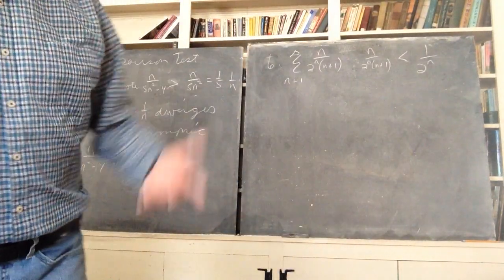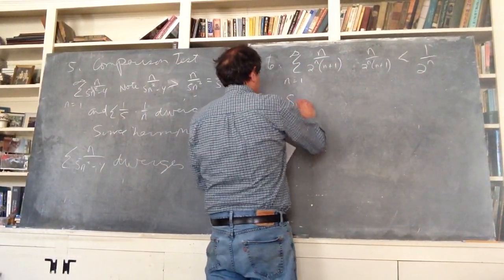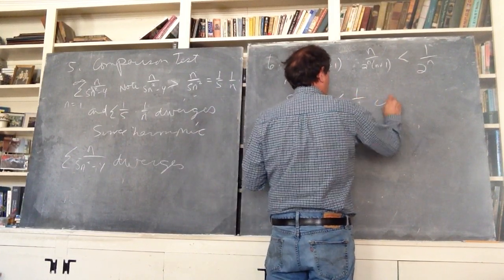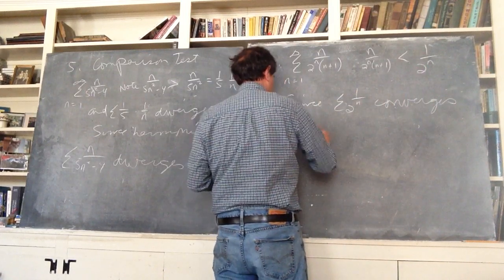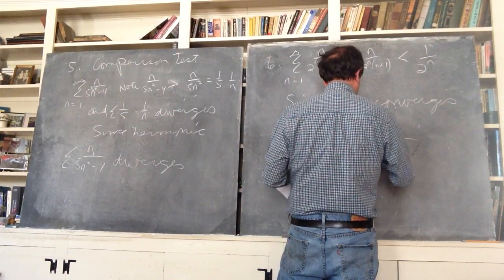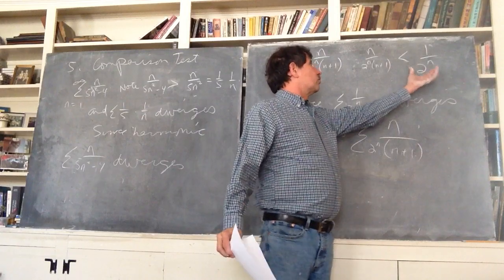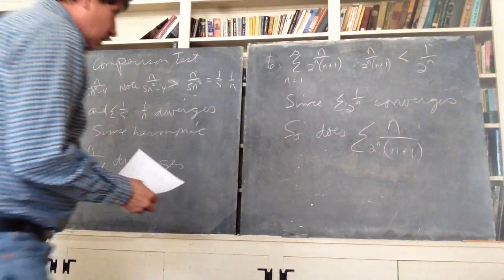Once we have that, we know, since 1 over 2 to the n converges, so does n over 2 to the n times n plus 1. If the greater one converges, certainly the lesser one converges as well.